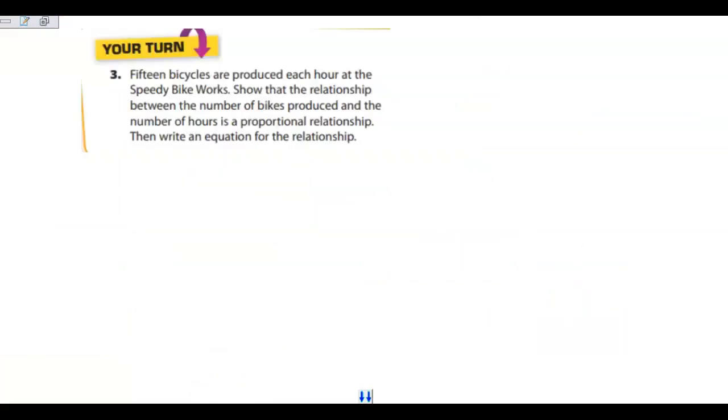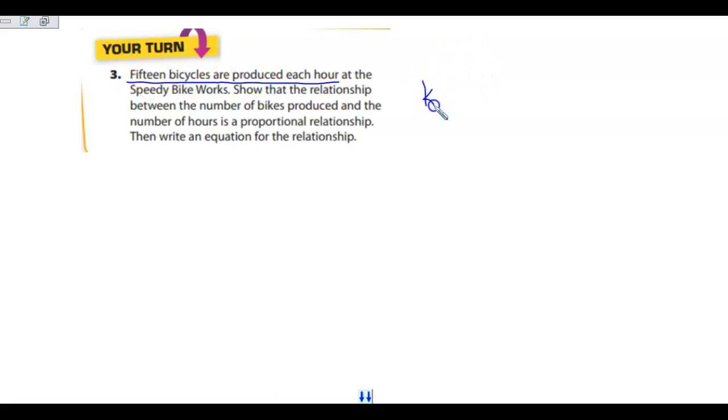So take a look at your turn number 3. It says 15 bicycles are produced each hour at the Speedy Bike Works. Show that the relationship between the number of bikes produced and the number of hours is a proportional relationship. And then write an equation for the relationship. Well, it says here that 15 bicycles are produced every hour, each hour. So we have a constant.